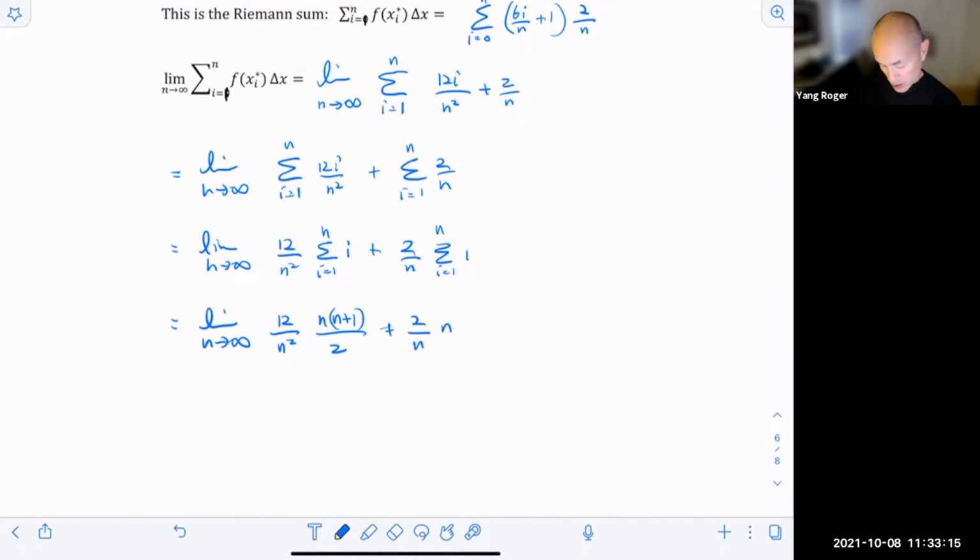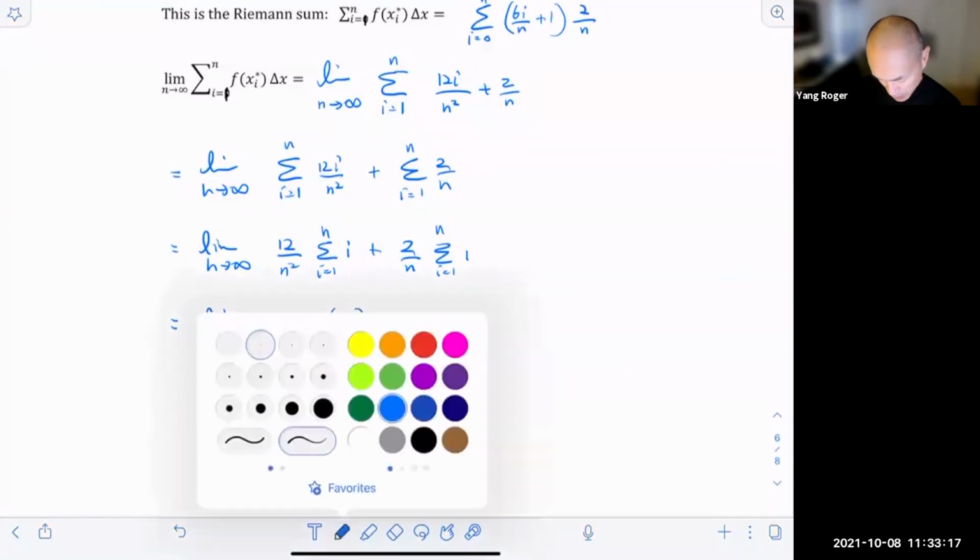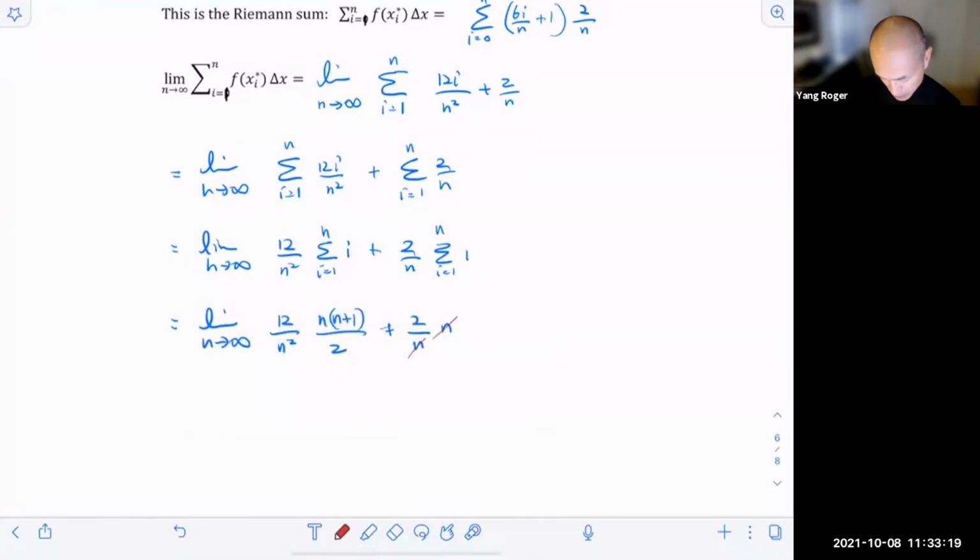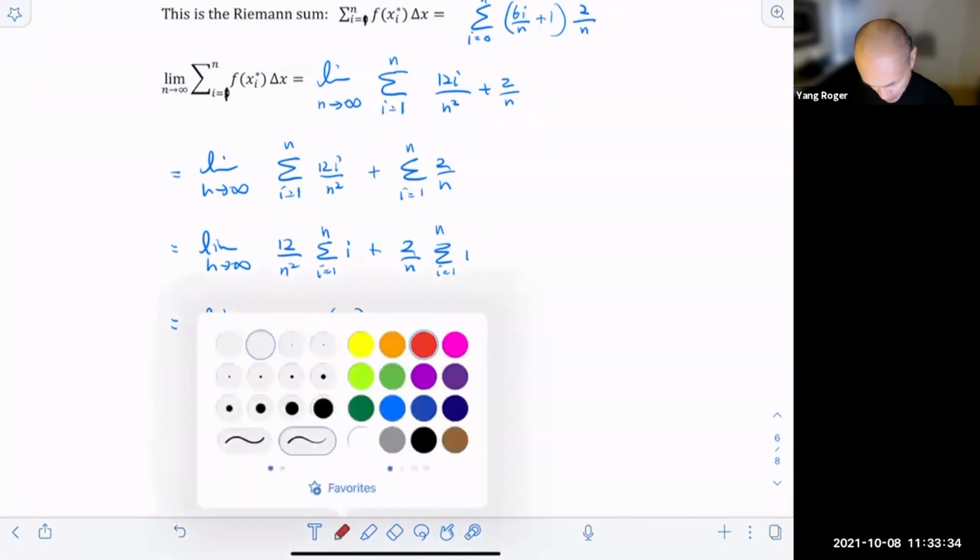So one of the things I want you to notice is that the powers of n here cancel out. The total power of n here is 2, and the total power of n here is 2 as well. So we could cancel one of these with one of these. And when we simplify, we're going to get the following.